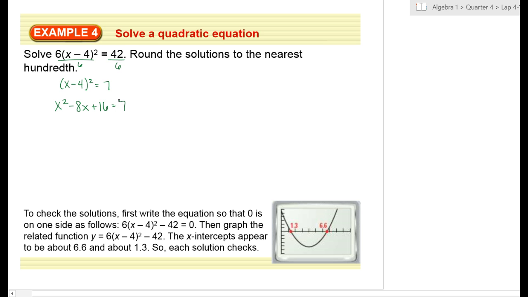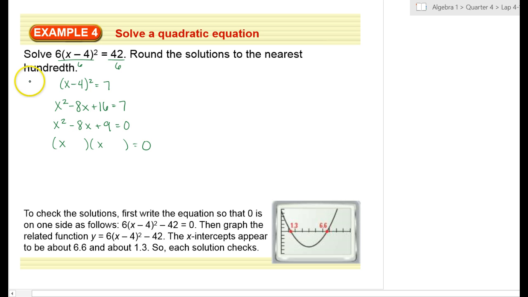Now we make it equal to 0. X squared minus 8x plus 9 is equal to 0. We would try to factor this, right? What factors of a positive 9 give me a negative 8?